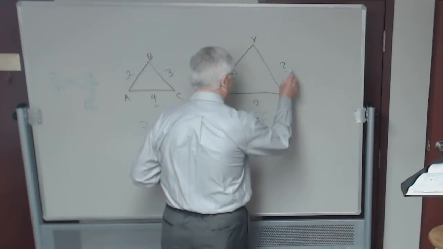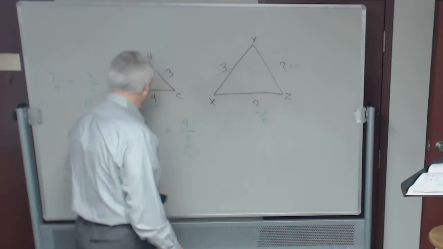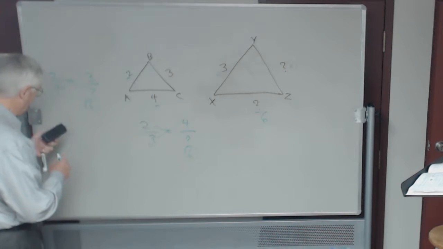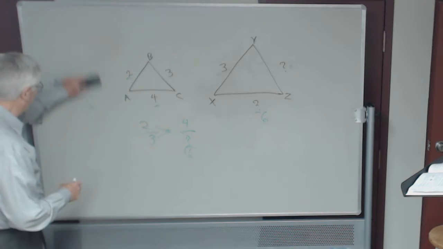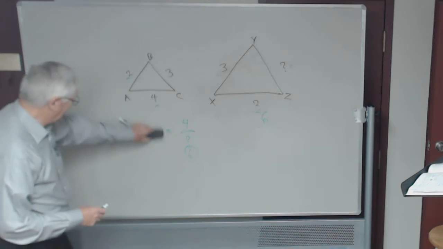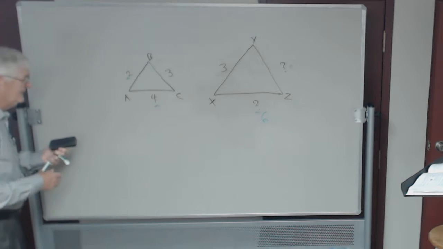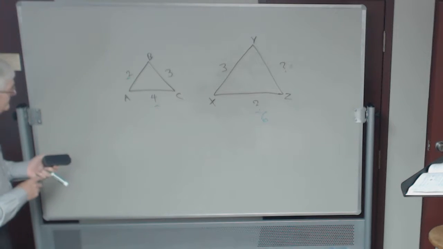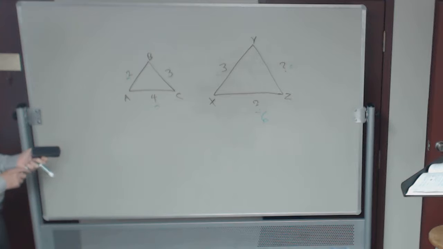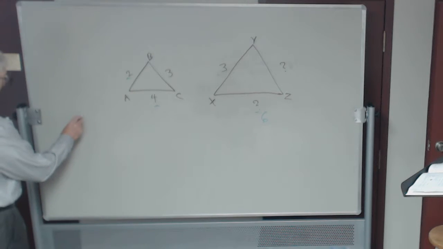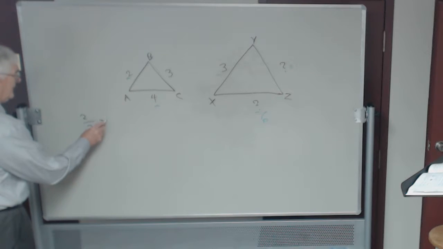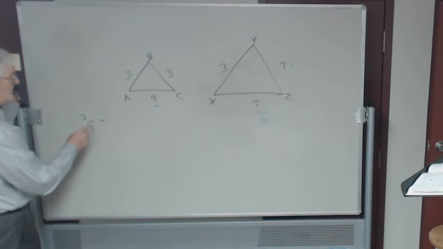Now how are we going to find this one? I'll erase all this stuff so we don't have so much stuff in our face. And what would we do now? What's the proportion this time? 2 over 3 equals 3 over x.